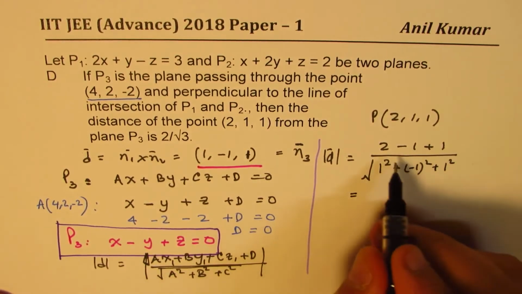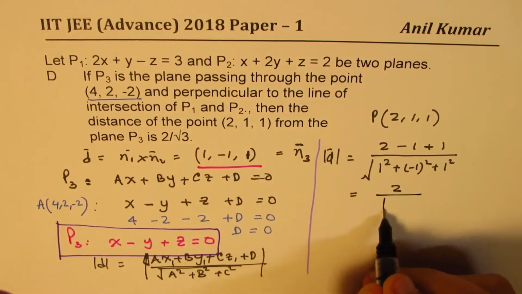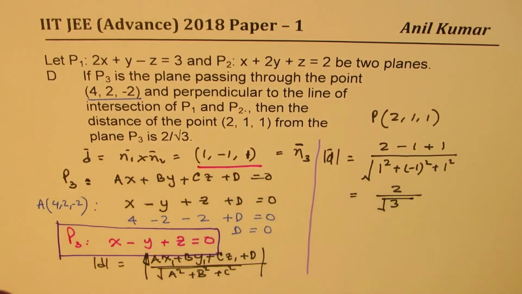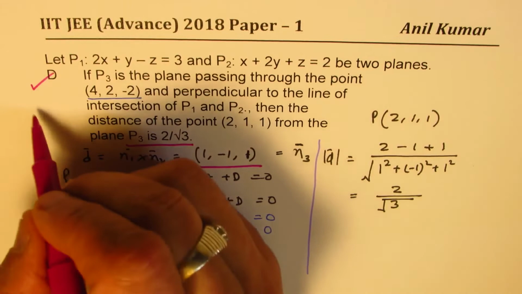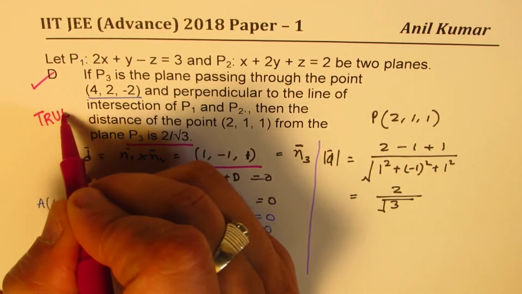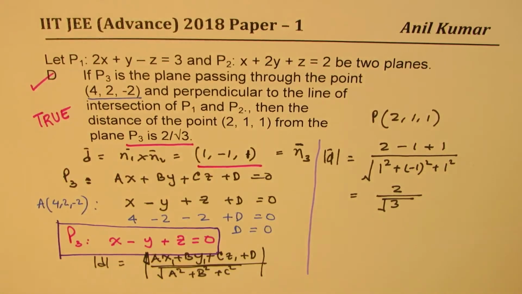That is the distance. So that is 2 over the square root of 1 plus 1 plus 1, which is 3. So that is correct. We are given the distance as 2 over square root 3. This is correct, so this is also true. Perfect. So in our answer, we got the last two as correct options.